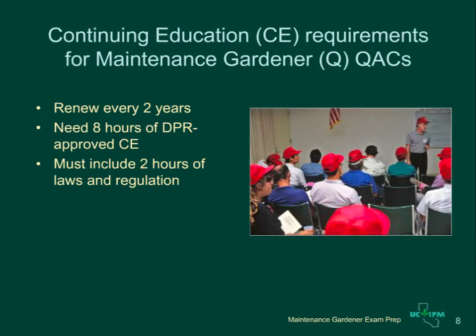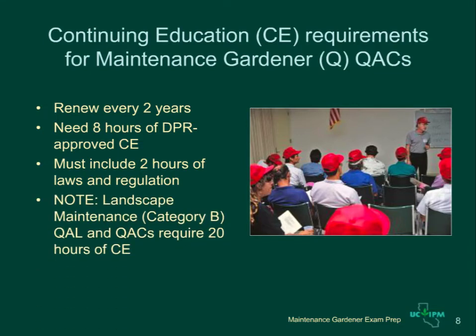People licensed in the landscape maintenance pest control area, Category B, require 20 hours of continuing education. Your county agricultural commissioner, the DPR website, or professional organizations such as PAPA can help you find continuing education courses.